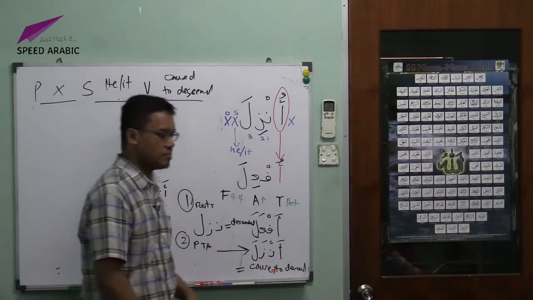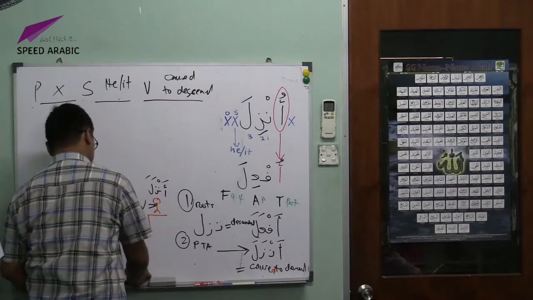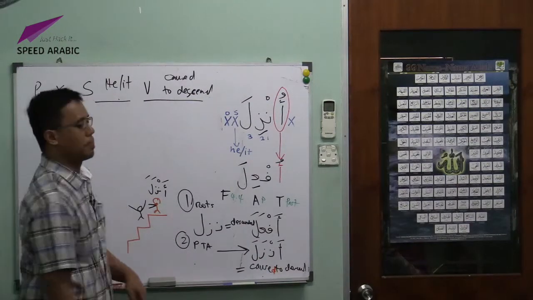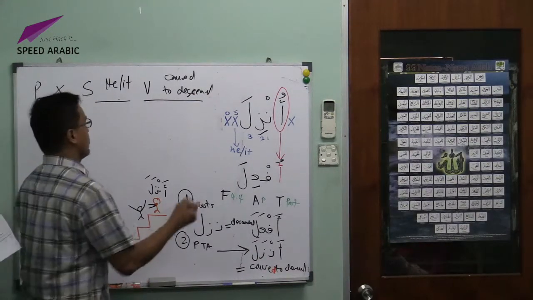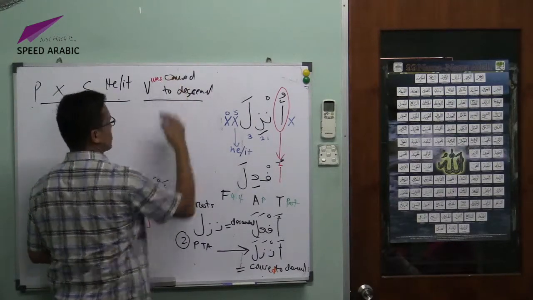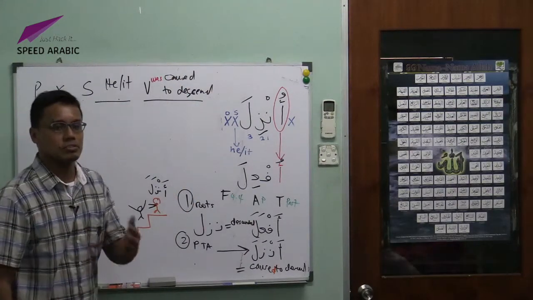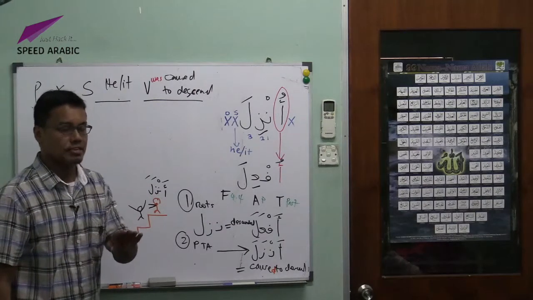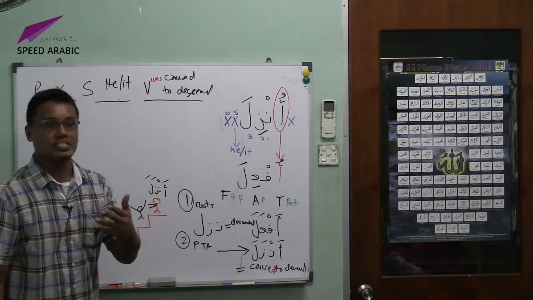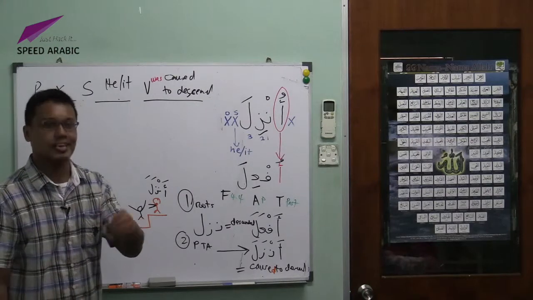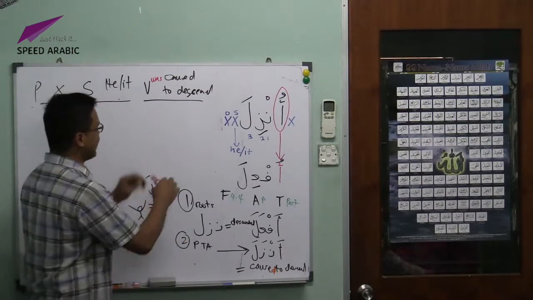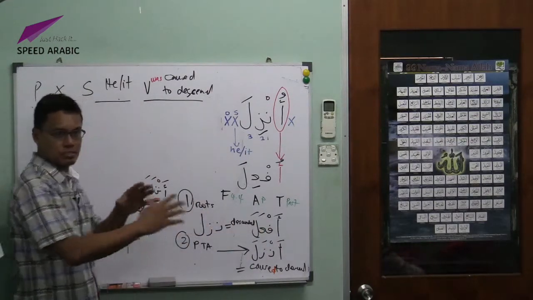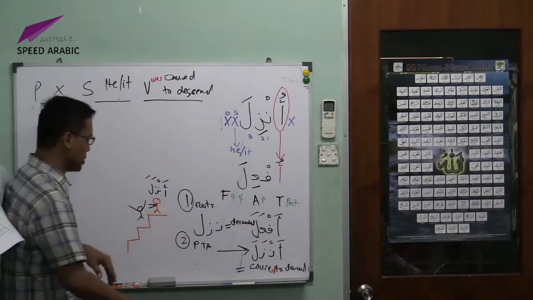Active. Change it to passive. Just add a was. So, it was caused to descend. Actually, it just means it was sent down, but because we want to maintain that this hamza is a cause, so that you see every component.